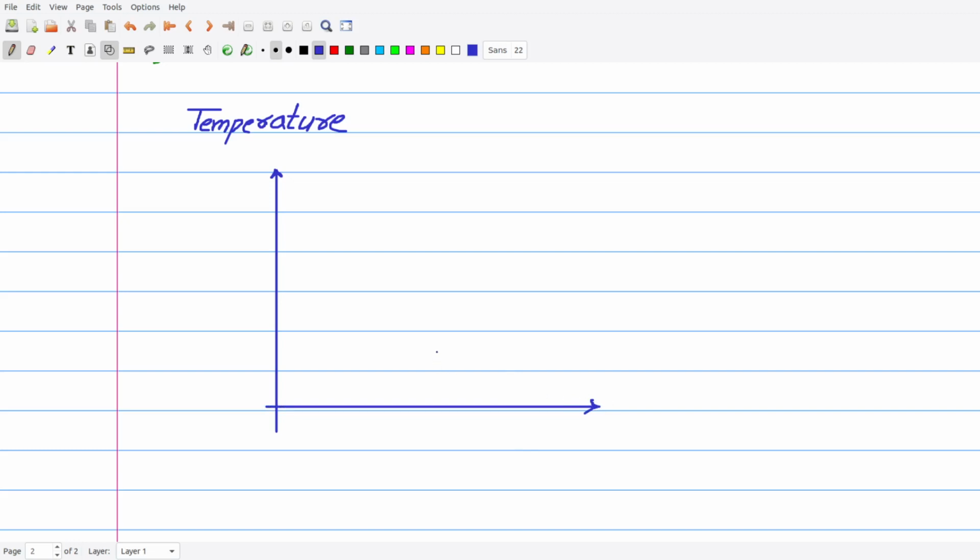This axis will be called the y-axis. This is your x-axis. So what is the y-axis? Y-axis is denoted by weather sensitive load.